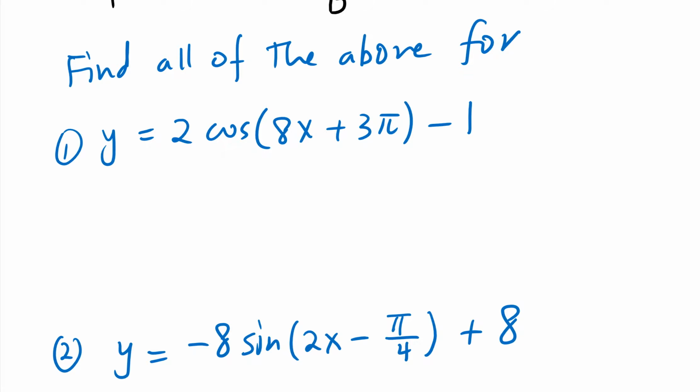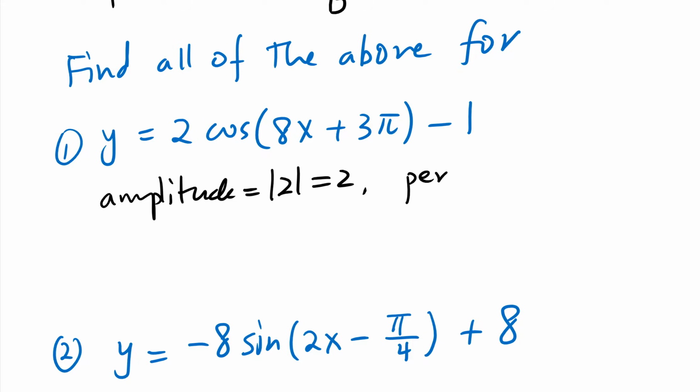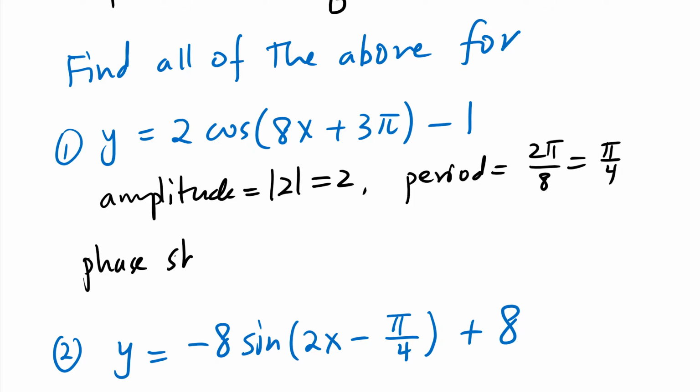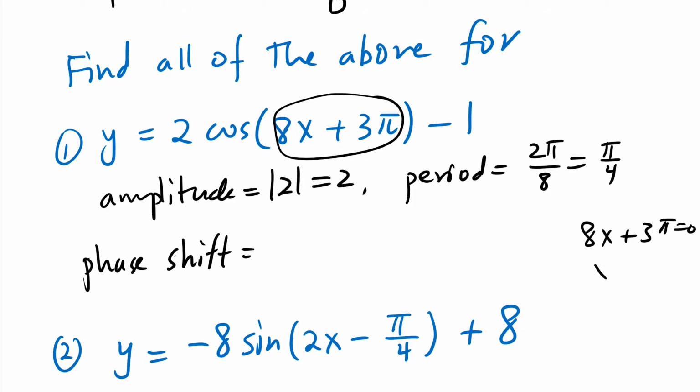So the way this works is the amplitude here is the absolute value of 2, which is 2. The period is 2 pi over 8, which is pi over 4. And the phase shift is basically solving for x. So you can do that on the side. Negative 3 pi over 8.